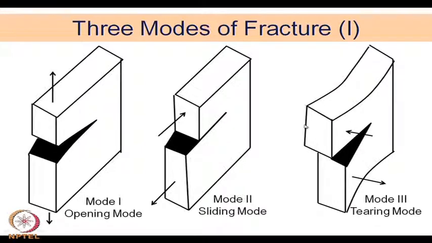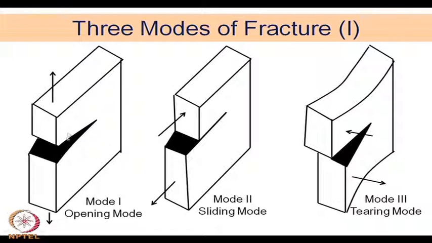Only on the top end it is pushed backward, and here it is pulled away from the crack. So, this is called mode 3 or the tearing mode. These are different orientations of the crack with respect to the applied stress.